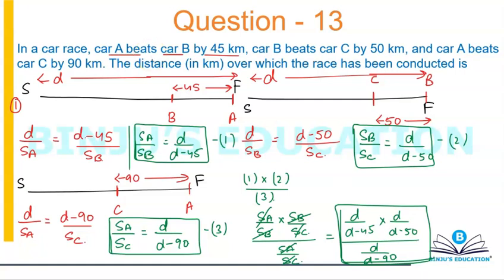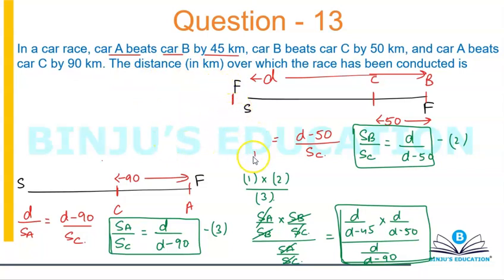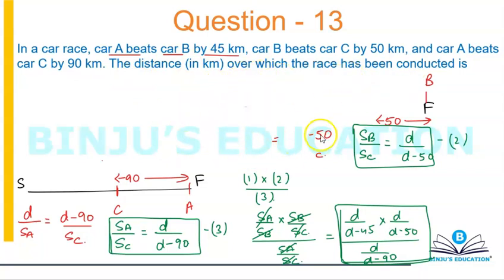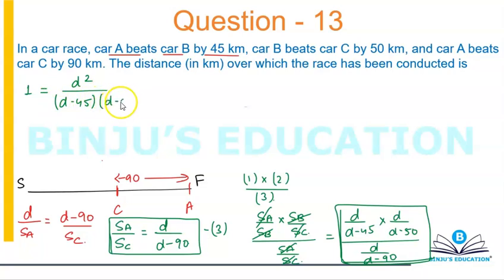Now in order to solve this, I'll be rubbing off a couple of things from my screen. So I have 1 which is equal to D square divided by (D minus 45) into (D minus 50), divided by D divided by (D minus 90).